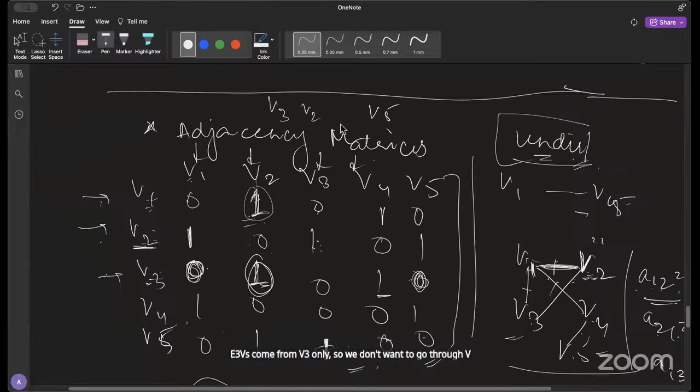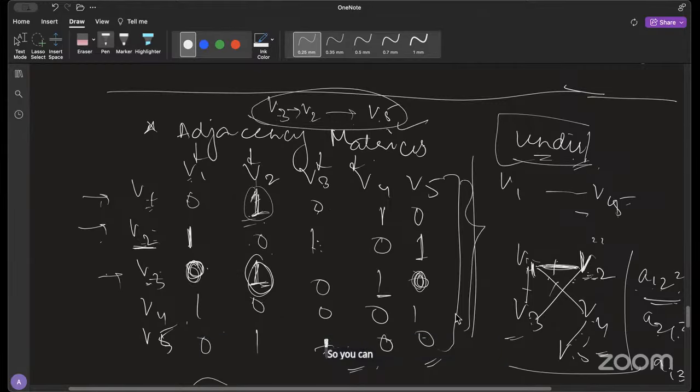Also, V2 is directly going to V5, like there is a 1. So you can just directly take that: V3 to V2 to V5, or you could have another way too. Let's just find the shortest only, that's easier.